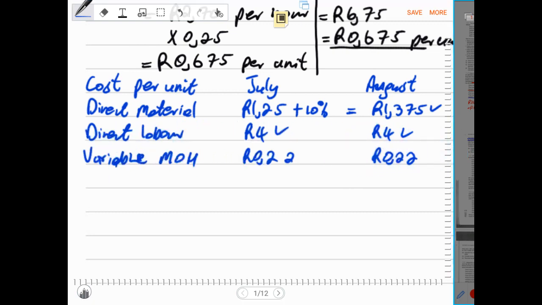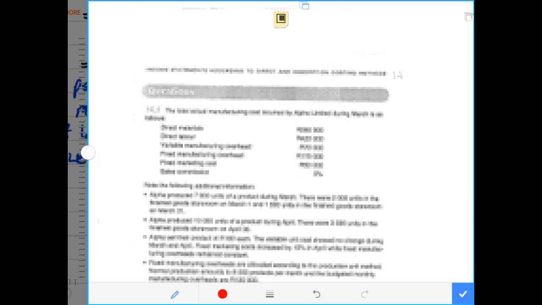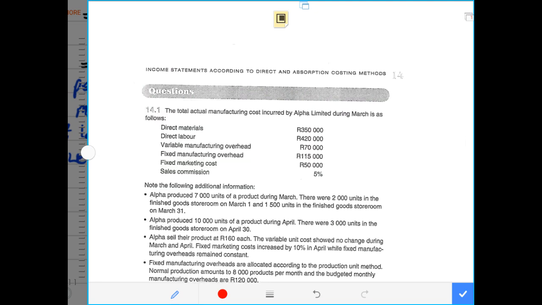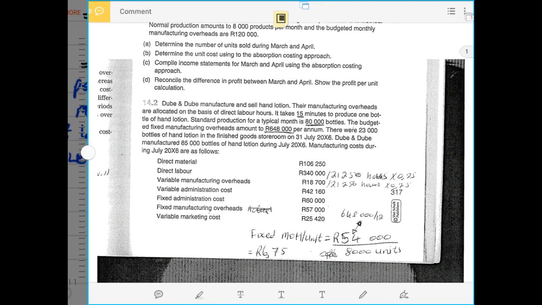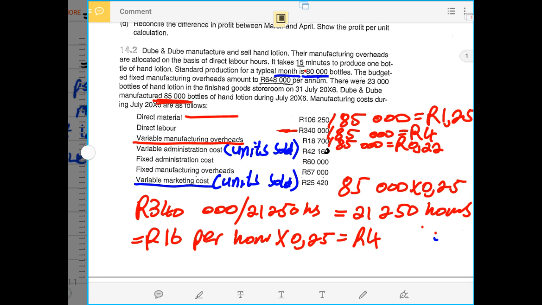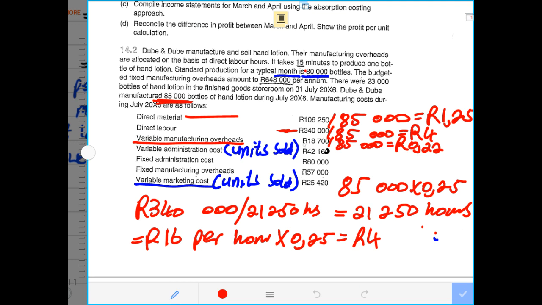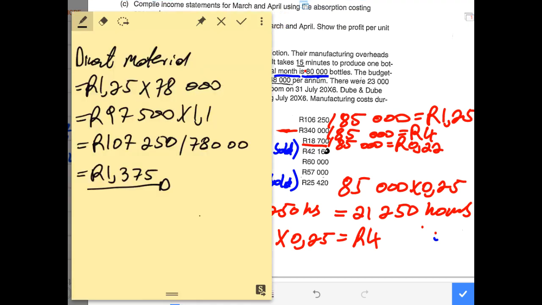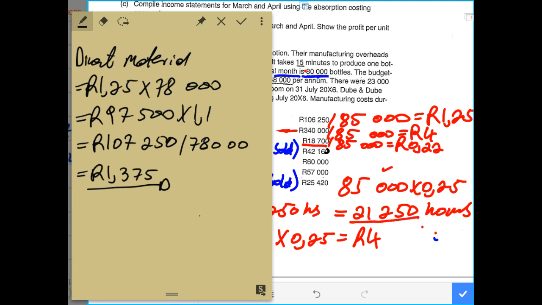Then once again, I want to clarify the second part, where now we have to take into account our variable overheads. The same principle will apply. Our variable overheads, in this case, are an amount of 18,700, and we know that our total hours to manufacture 85,000 units is 21,250.